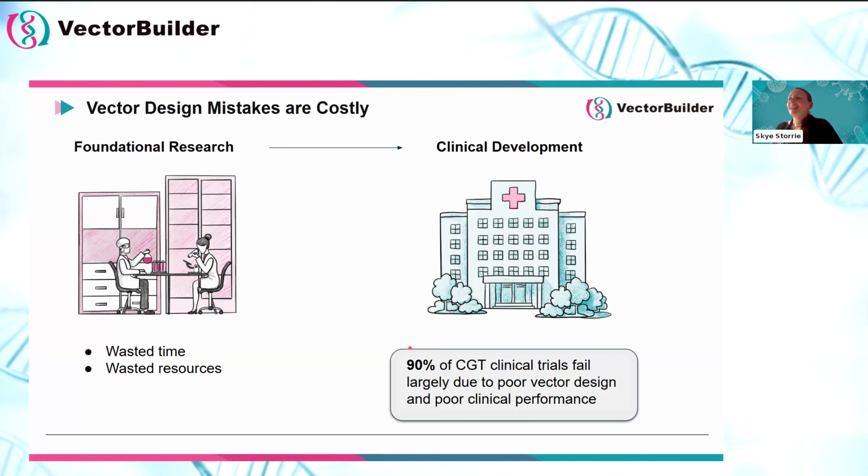And interestingly, 90% of CGT clinical trials fail. So cell and gene therapy trials actually fail, and this is due to poor vector design as well as poor clinical performance. And this can be avoided using a rational vector design approach from the very beginning.